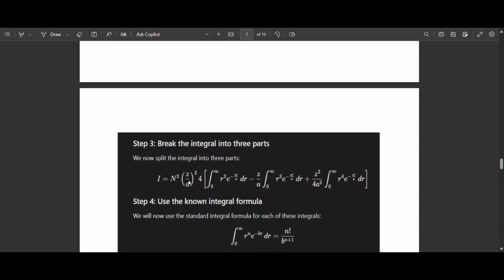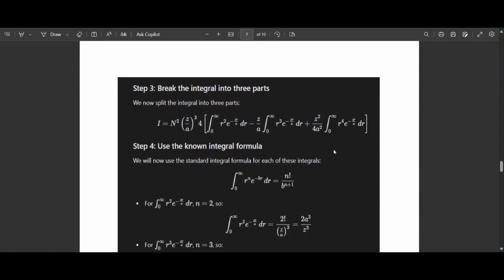Now we expand this term like this: r squared e to the power minus Zr upon a dr, minus Z by a, and their integration is again very easy.